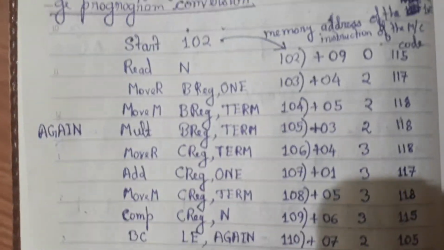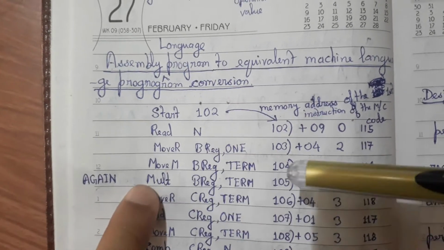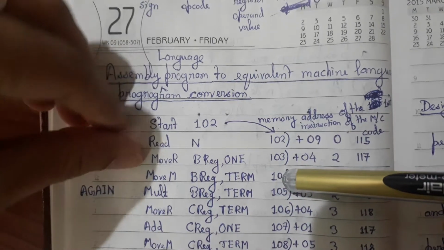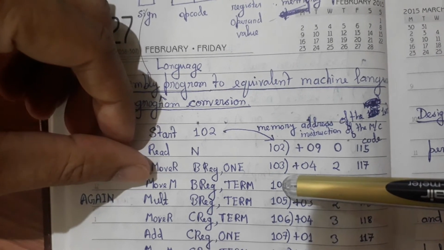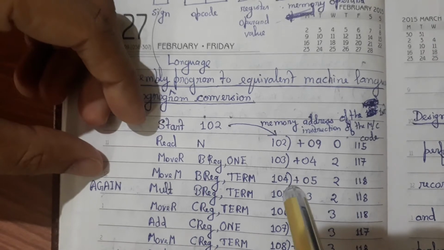When the location counter comes to this statement, its value is 104. Before coming to this statement, the location counter value is 104, so it is put here. That means again is assigned 104.